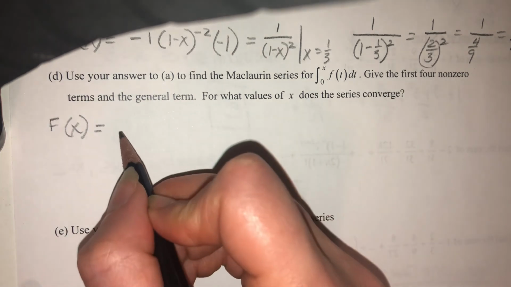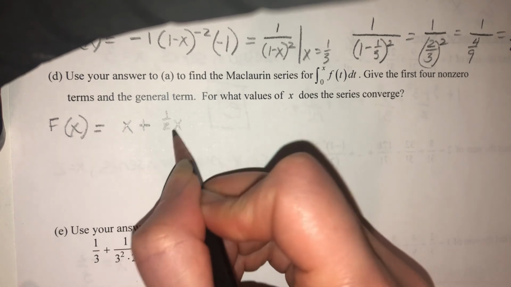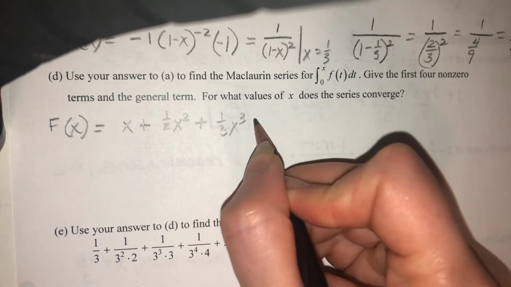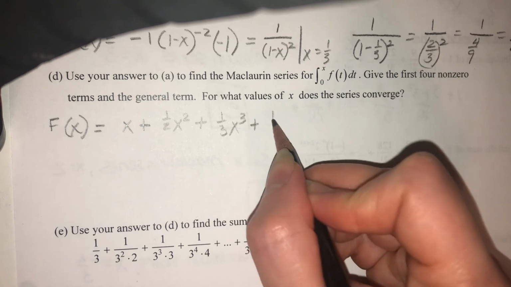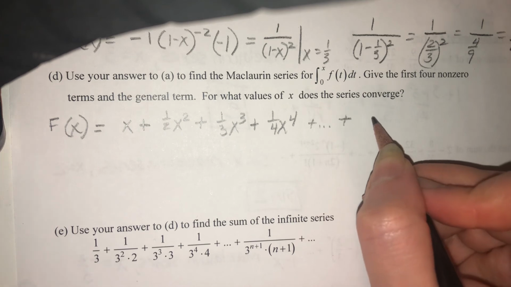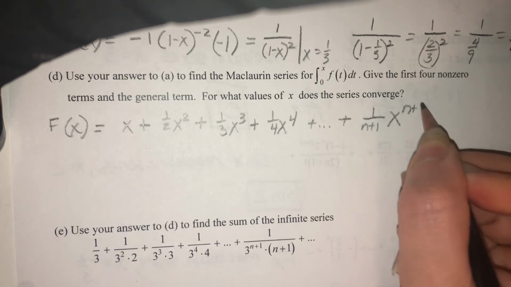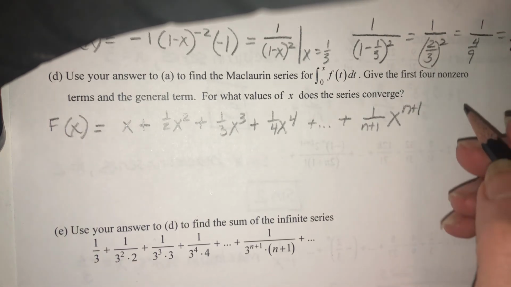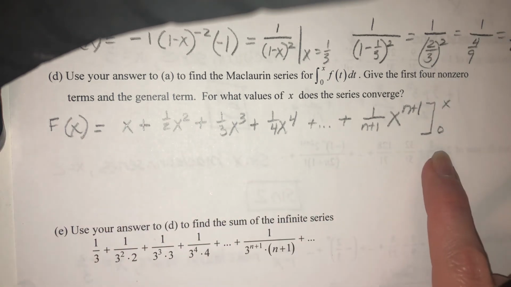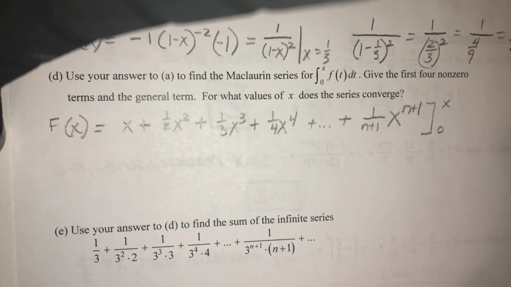So the integral of 1 is x. The integral of x is 1/2 x squared. The integral of x squared is 1/3 x cubed. And the integral of x cubed is 1/4 x to the 4th plus dot dot dot plus the general rule would be 1 over n plus 1 times x to the n plus 1 power, and we would evaluate this from 0 to x, which means I plug in x's for all my x's, and then subtract what I get when I plug in zeros for all my x's, so I'd just be subtracting 0.